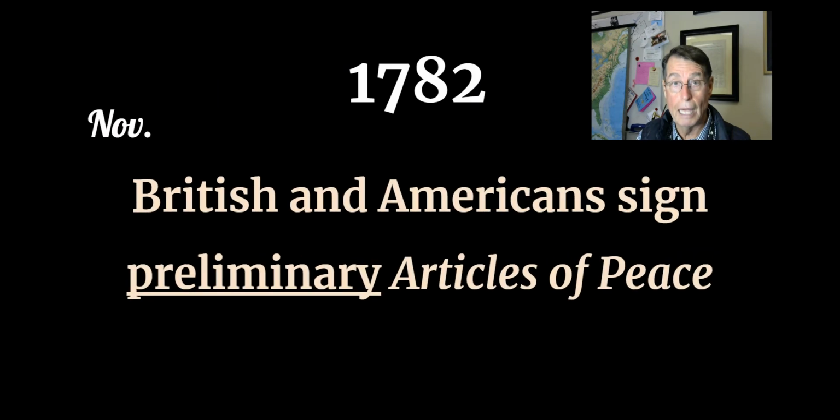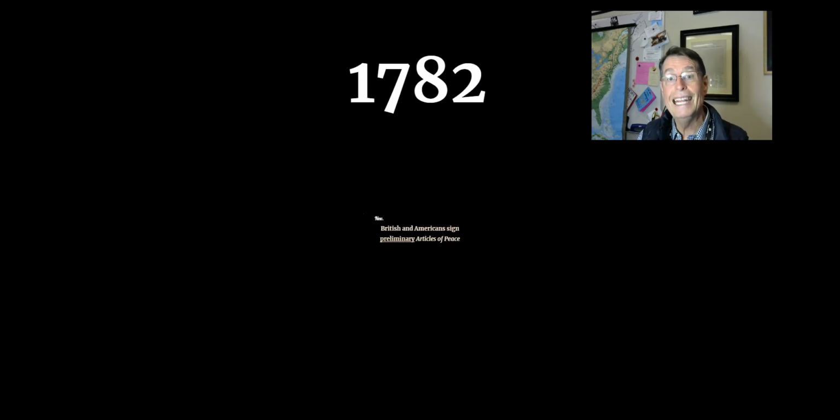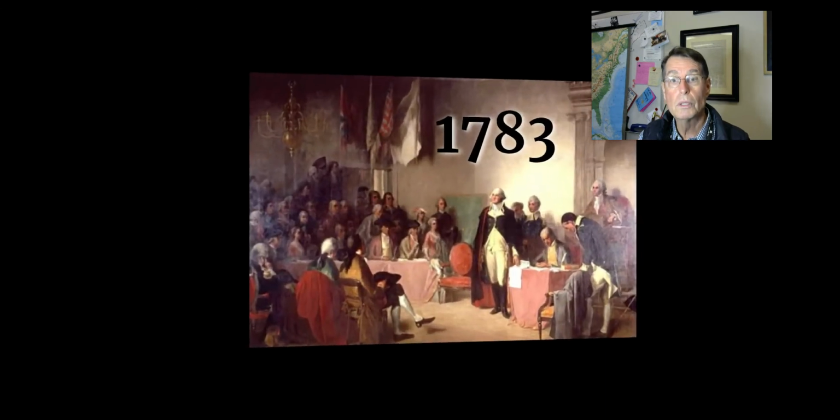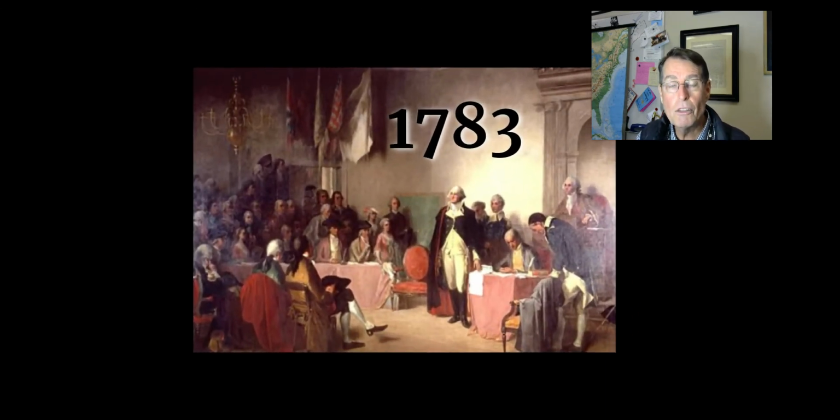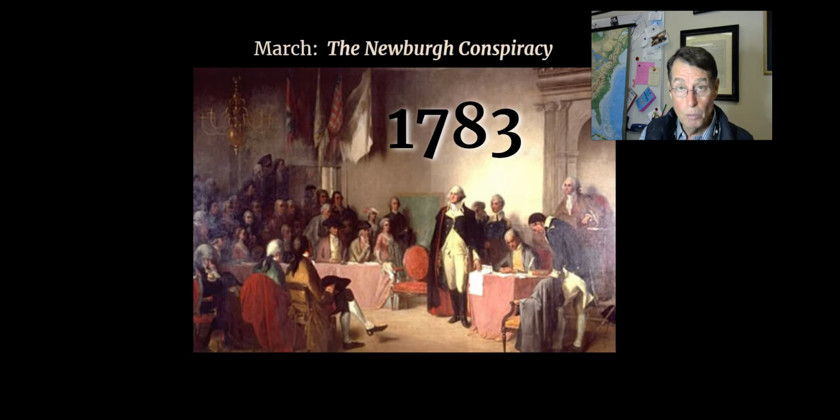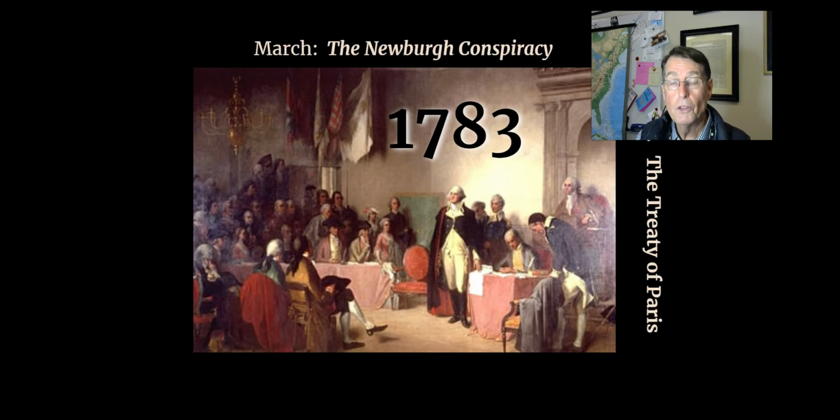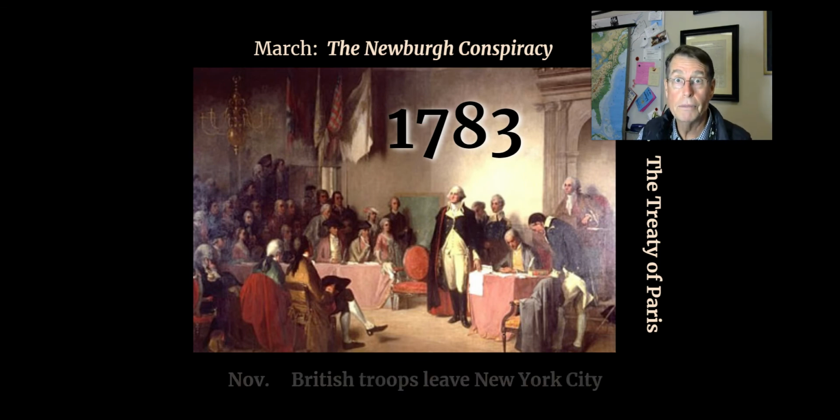We had some cool videos that we saw. World Turned Upside Down. The preliminary Articles of Peace in 82, followed by, of course, the big year of 83, four major items. Washington taking care of the Newburgh Conspiracy, the Treaty of Paris, where all this land is going to come into possession of the United States, and Britain is going to actually recognize the United States as its own nation.